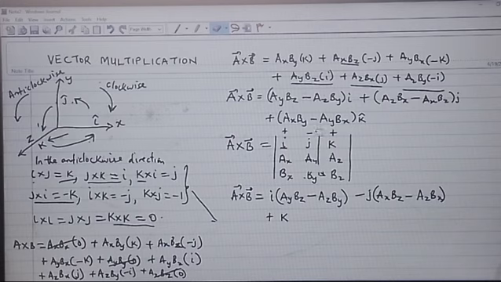If we are using K as a multiplier, we'll have to ignore the column of K and multiply diagonally with this. So we say AXBY minus AYBX.